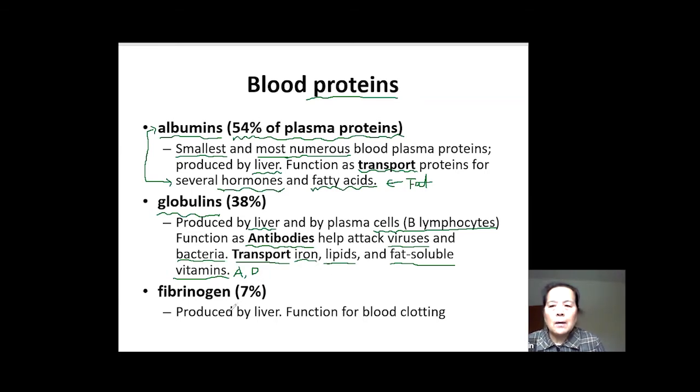Then we're talking about another group of the protein. We say fibrinogen. So these proteins are still produced by the liver. The function is to form blood clotting.